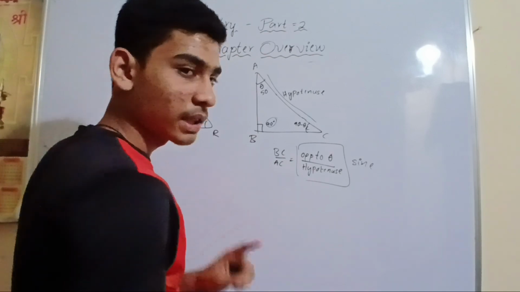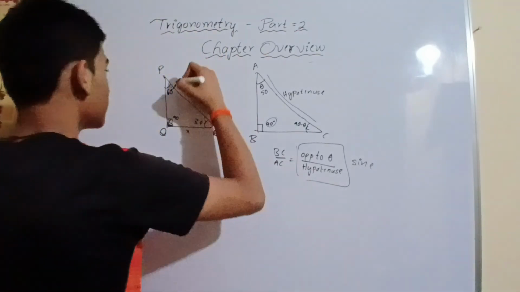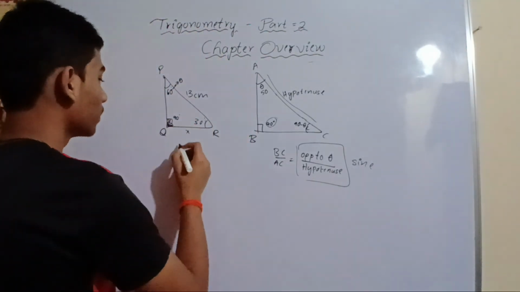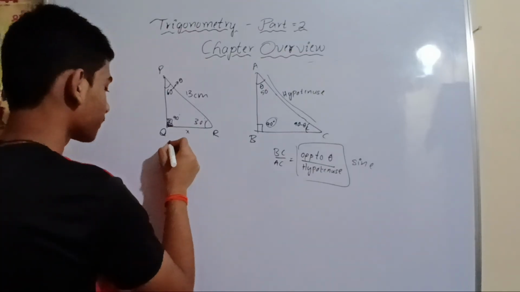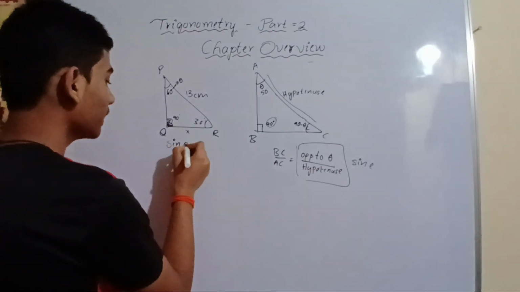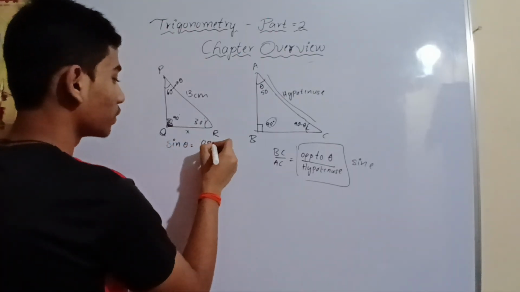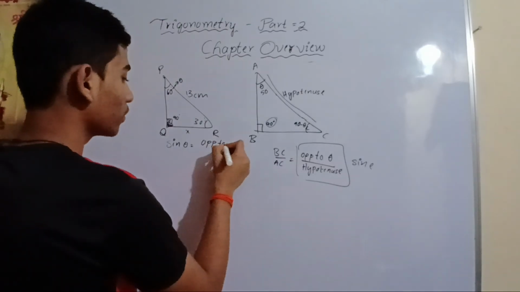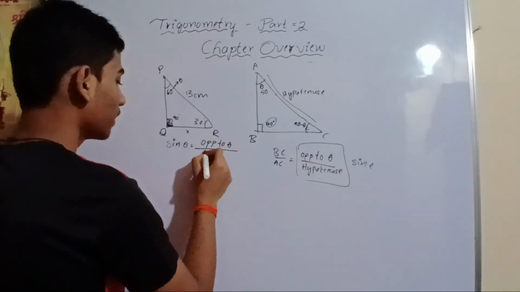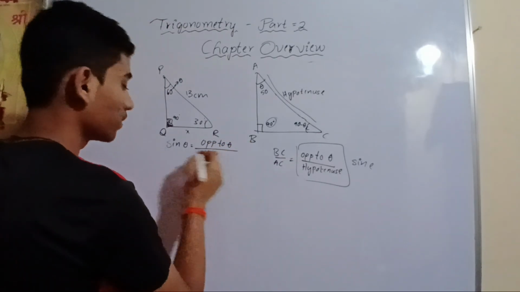But now I am going to show one way, with the sine ratio. This angle is opposite to that, so we write sine theta equals opposite to theta by hypotenuse.